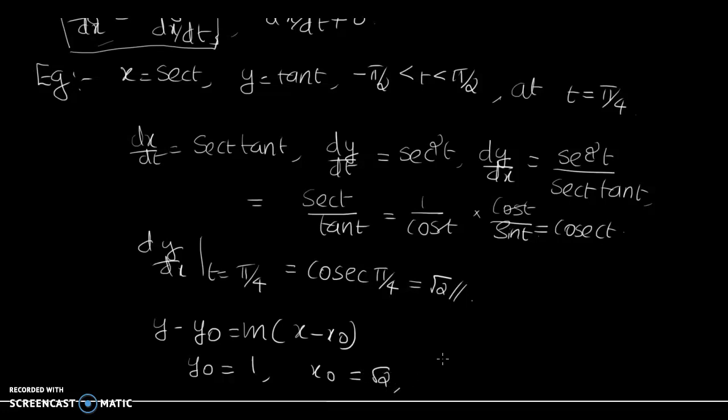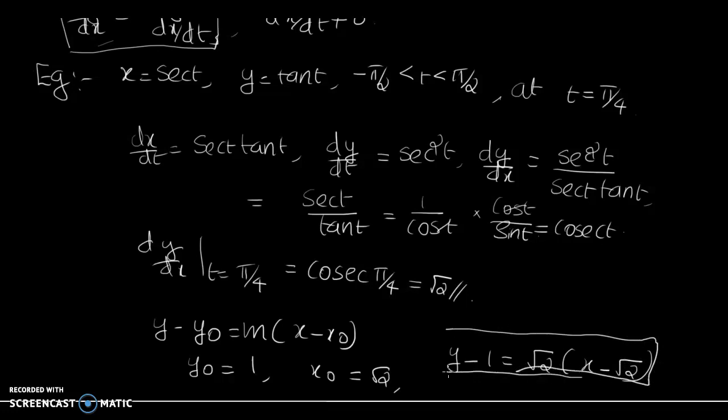So the equation is given by y minus 1 equal to root 2 into x minus root 2. This is the tangent line equation for this curve. Okay, and this is the rule.